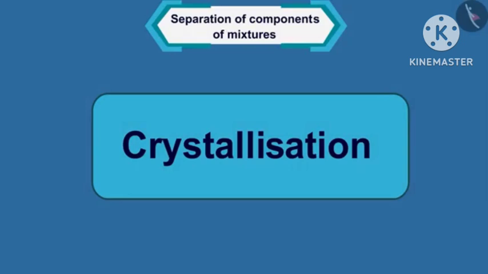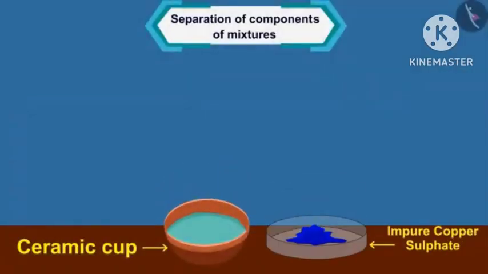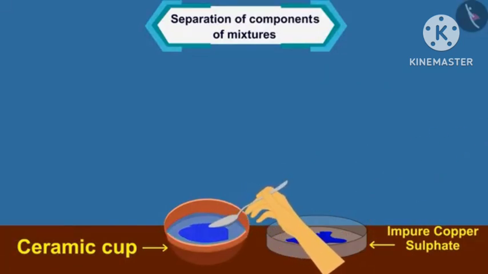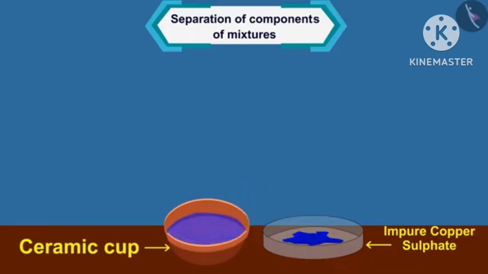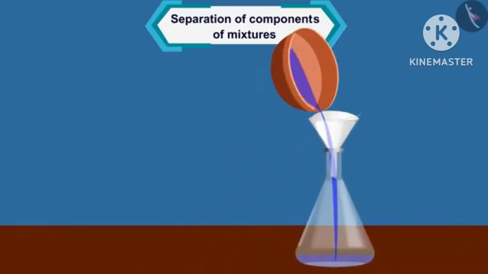Now, finally, the last separation technique is crystallization. Take about 5 grams of impure copper sulfate in a ceramic cup. Dissolve it in a minimum amount of water. Filter out impurities.